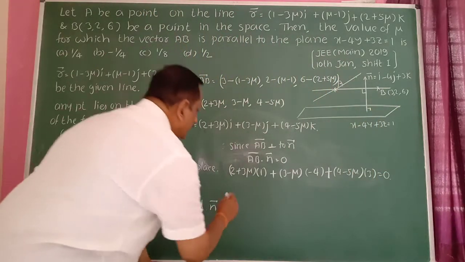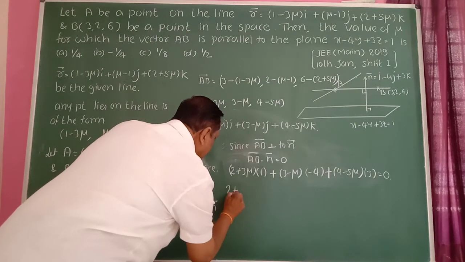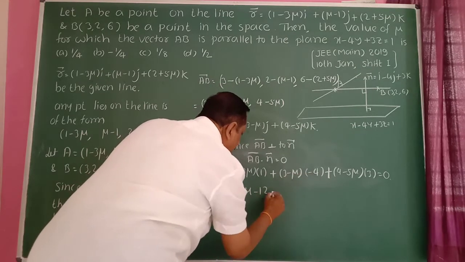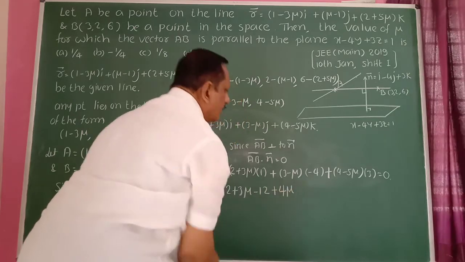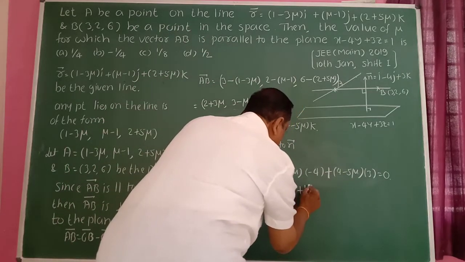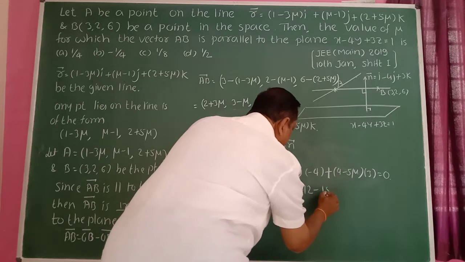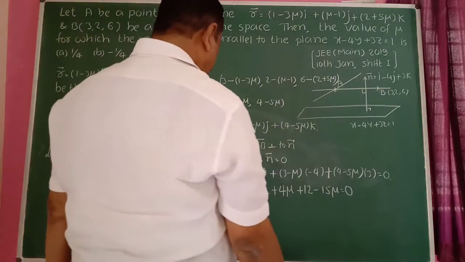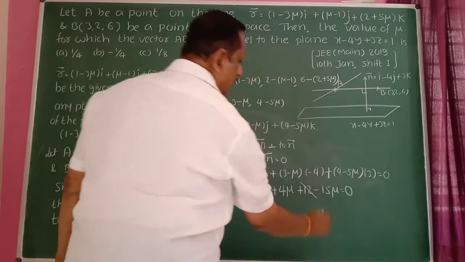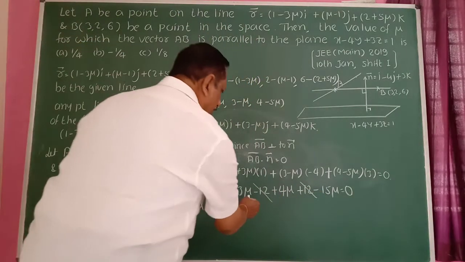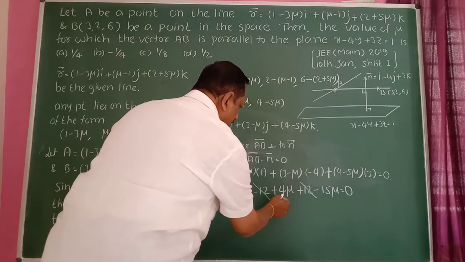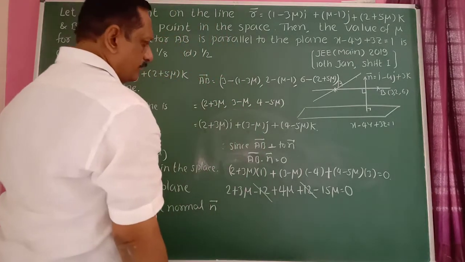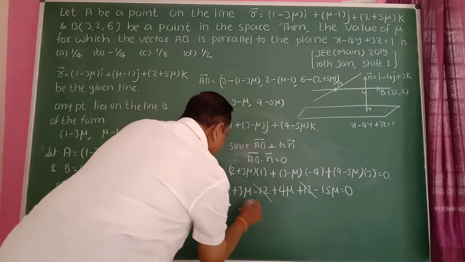Then you simplify. (2 + 3μ)(1) becomes 2 + 3μ, then -12 and minus into minus becomes plus 4μ, then 3 fours are 12, and -15μ. So 12 and -12 cancel. Then 3μ + 4μ is 7μ, minus 15μ plus 7μ is -8μ.